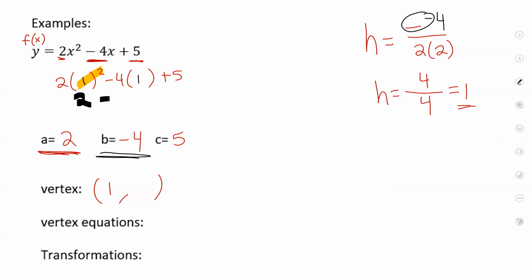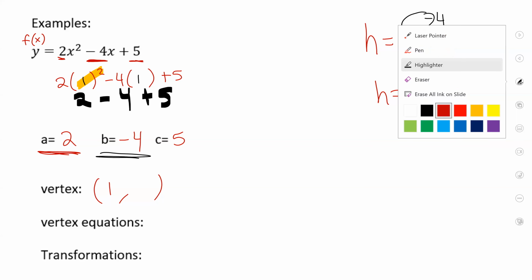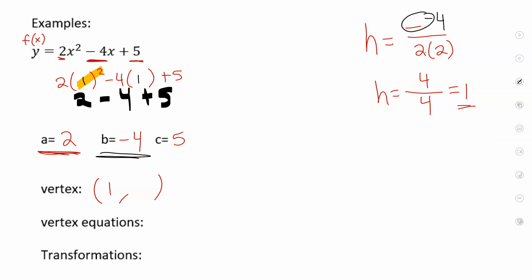Minus 4 times 1 is 4, and then we're going to add 5. So 2 minus 4 plus 5 is what we're doing here. So 2 minus 4 is -2, plus 5 is 3. So that is the K value. So I know that my graph would look something like this. At 1, 3 is my vertex, and it'll face up.